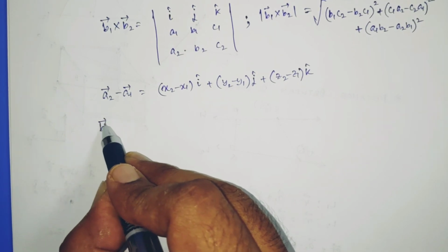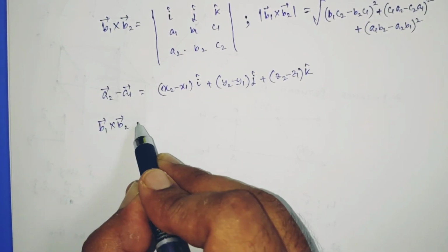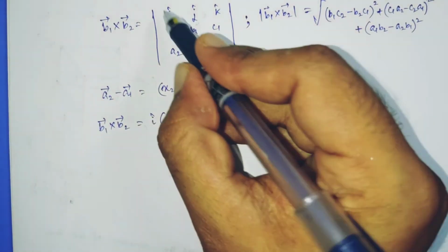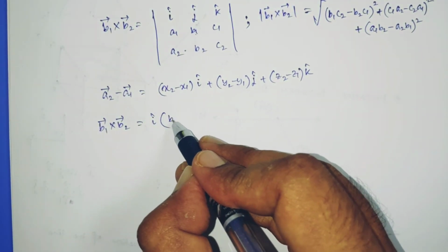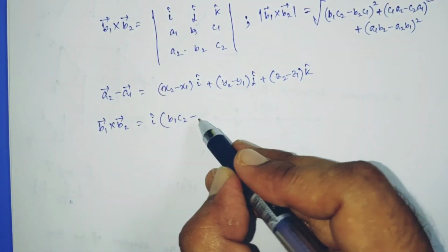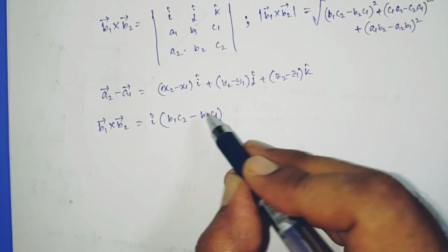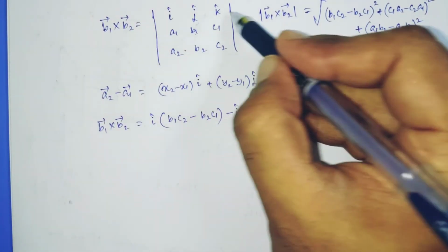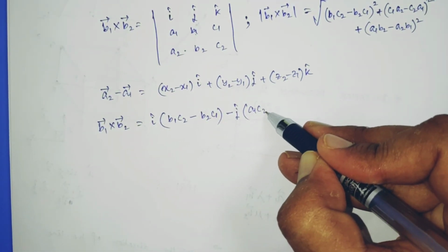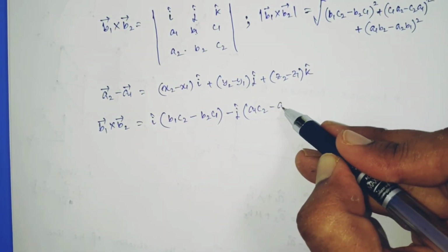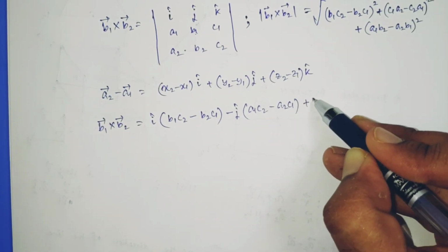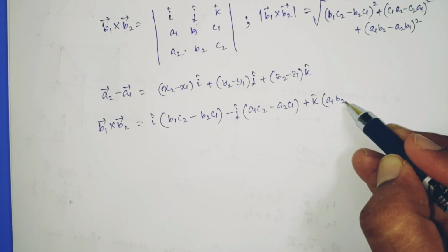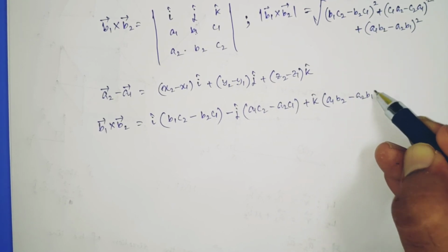So first, B1 cross B2 vector, let's expand this one. I cap times (b1 c2 minus b2 c1), then minus j cap times (a1 c2 minus a2 c1), then plus k cap times (a1 b2 minus a2 b1).